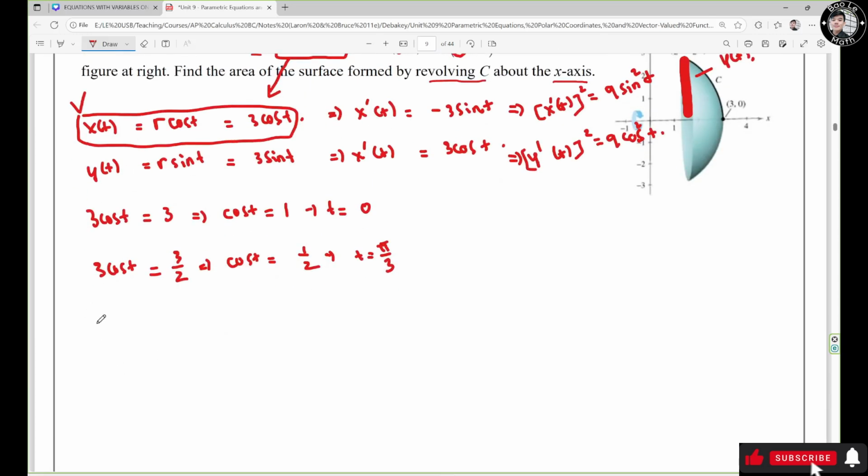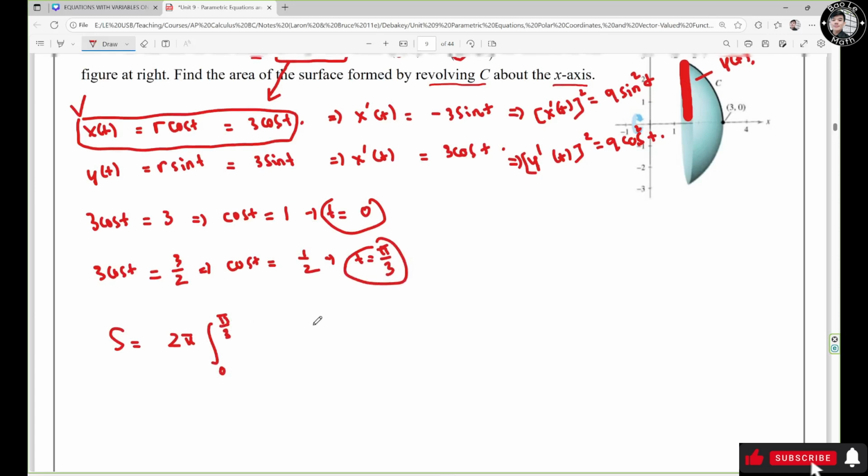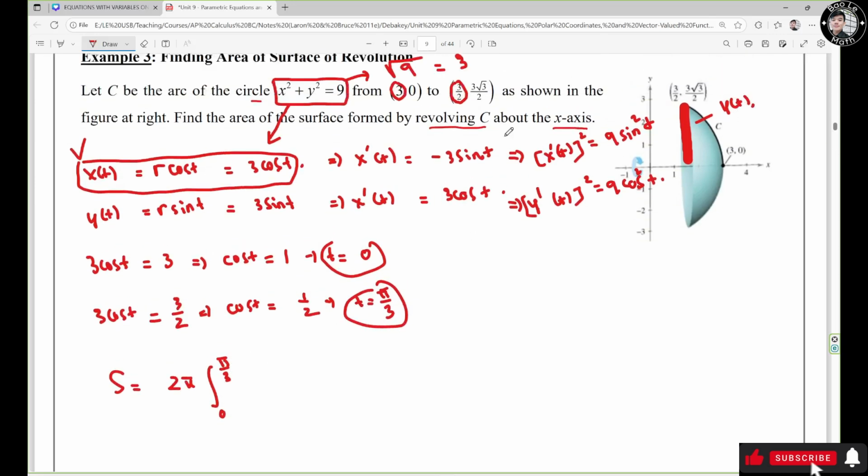So the area of the surface is given by the formula S equals 2 pi, the integral from 0 to pi over 3, times the radius. The radius in this situation is y of t, which is right here, times the square root of x prime t squared plus y prime t squared, which is right here.